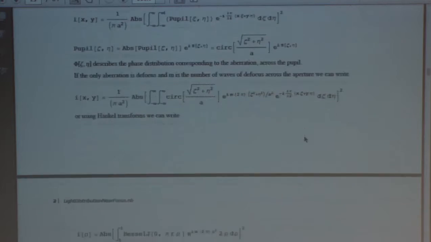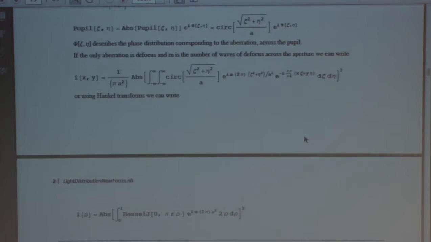Now the pupil function, which is what I want to think about now, is we're going to say we have a circular aperture. So that's the way I write circular aperture. And then we have e to the i phase. And this phase describes the phase distribution corresponding to the aberration across the pupil.